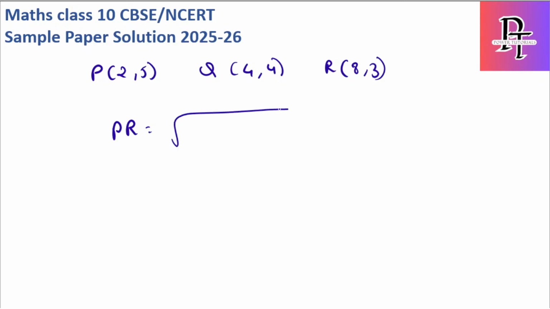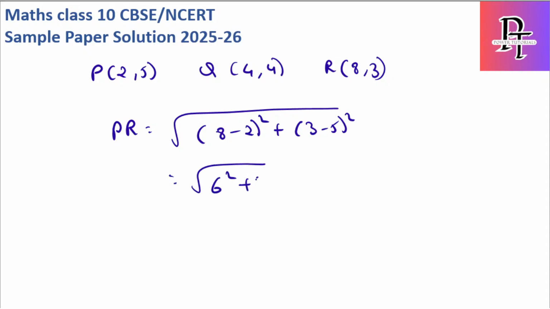PR distance is root of (x2 minus x1) whole square plus (y2 minus y1) whole square, which is 8 minus 2 whole square plus 3 minus 5 whole square. So this becomes root of 6 square plus 2 square, which is 36 plus 4, which is root of 40. If I take the square root, it becomes 2 root 10, because 4 into 10 is 40.